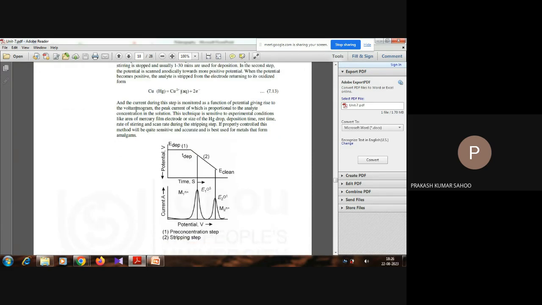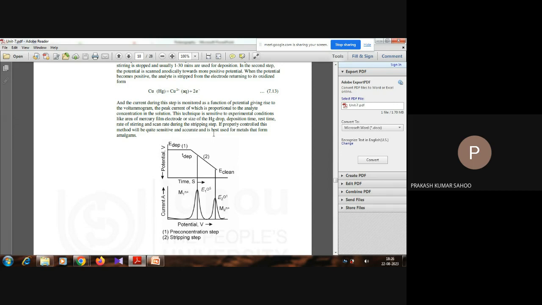The current during this step is monitored as a function of potential, giving rise to a voltammogram. The peak current is proportional to the analyte concentration. This technique is sensitive to experimental conditions like area of the mercury film electrode or size of the mercury drop, deposition time, resting time, rate of stirring, and scan rate.